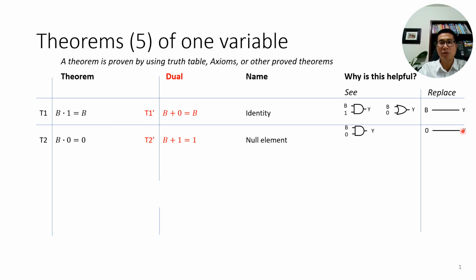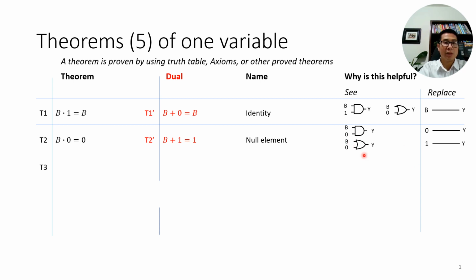We don't have to use a gate for this. We can simplify this by throwing a gate away. Or for the second dual form, if you see B OR with 1 producing Y, again simply replace that with Y equal to 1 by this wire.